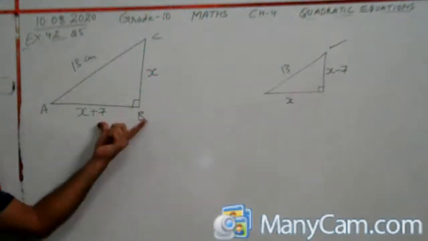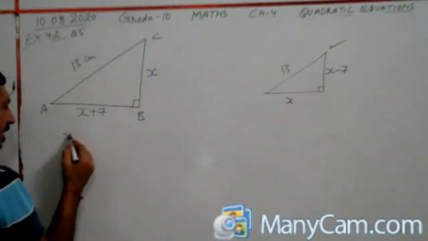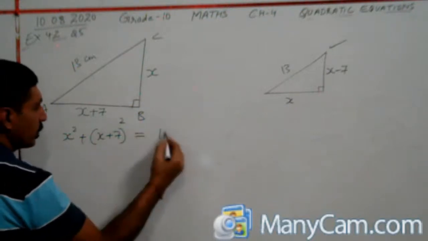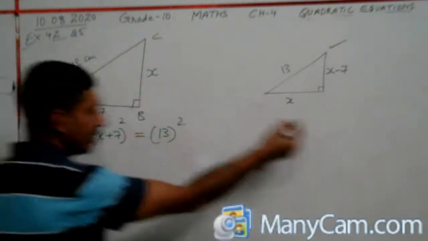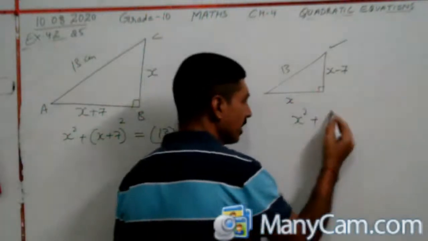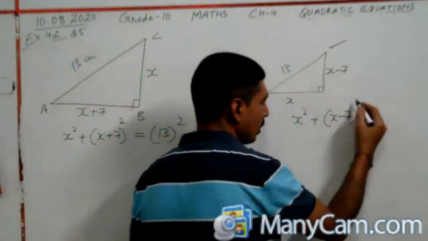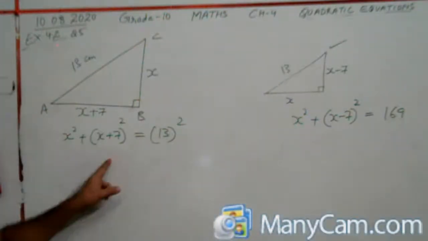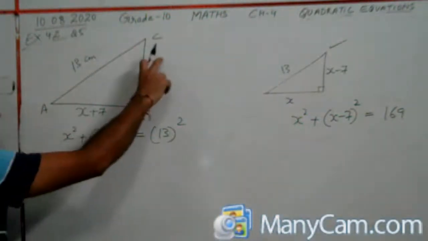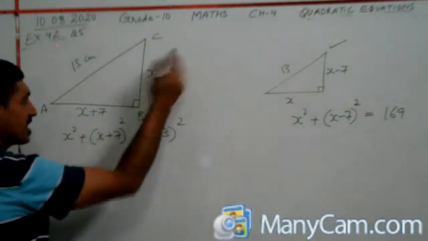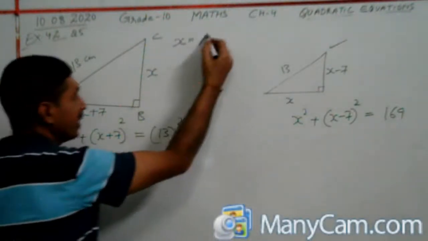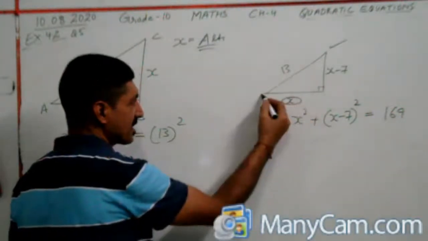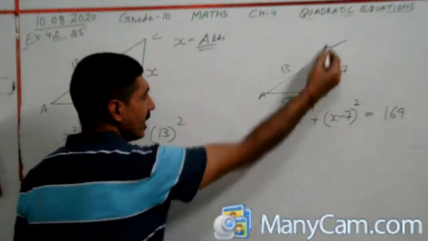If you are going here, then the equation will be x square plus (x plus 7) whole square is equal to 13 whole square. And here if you want to solve in this way, x square plus (x minus 7) whole square is equal to 169. Here x is the altitude, but in this case x is the base.